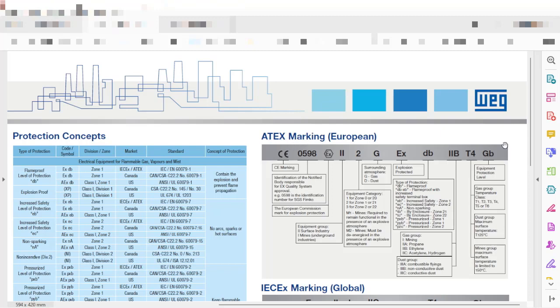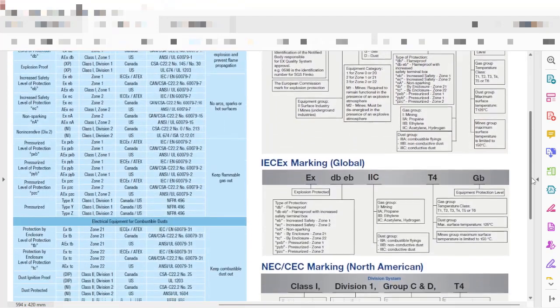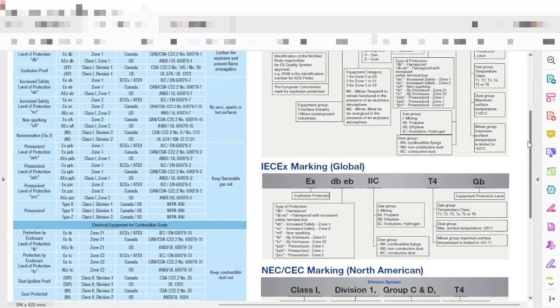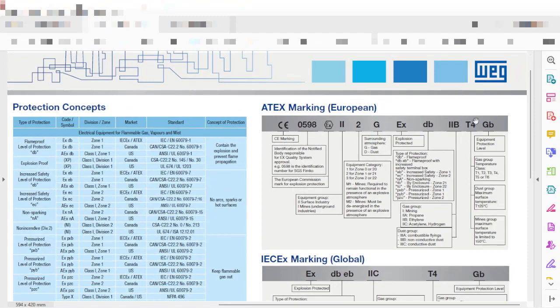And the code to do the specification for electrical and electronic devices is different than the standard for the global market from the IECEx.